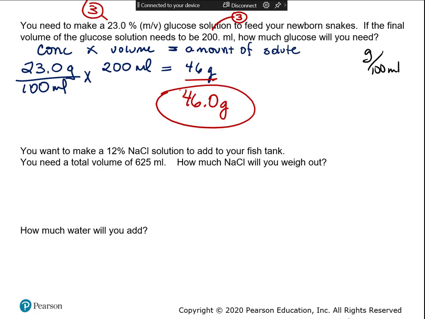Follow the exact same steps that we did above. Write it out. Make sure you convert percent to what it actually means, because that way you'll make sure you have your units correct.